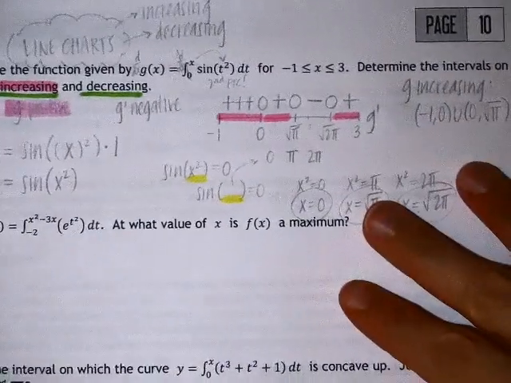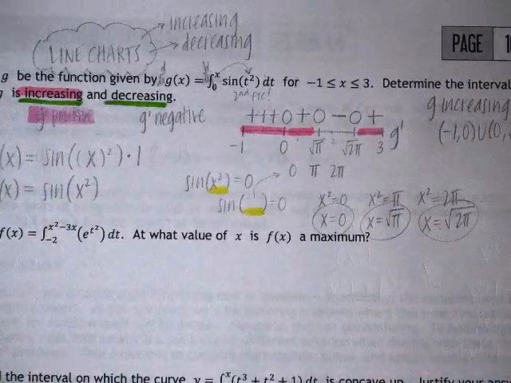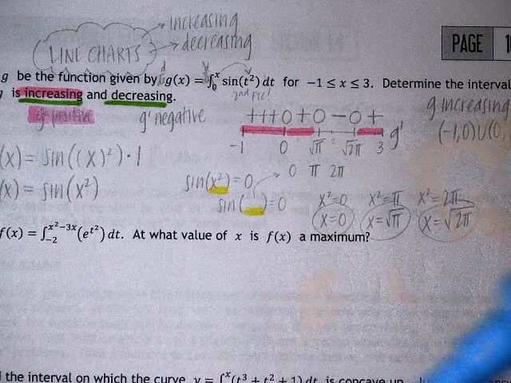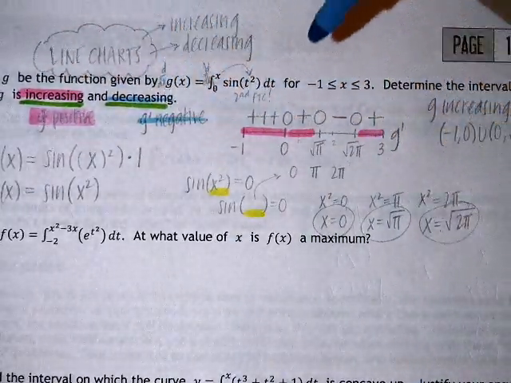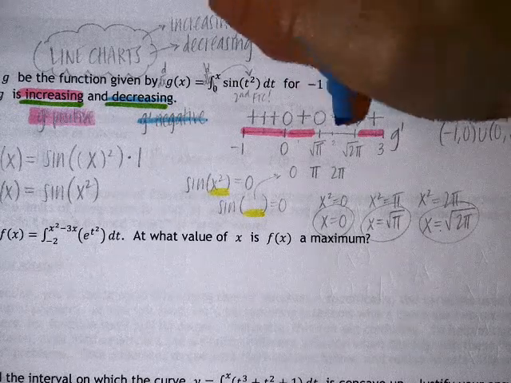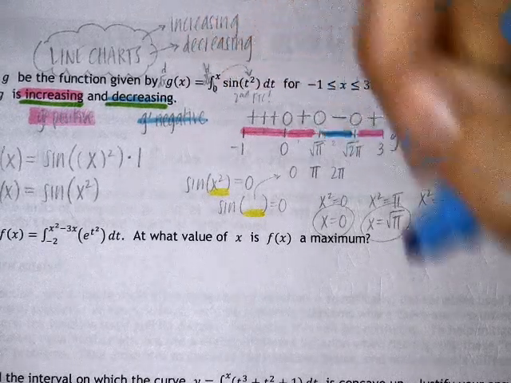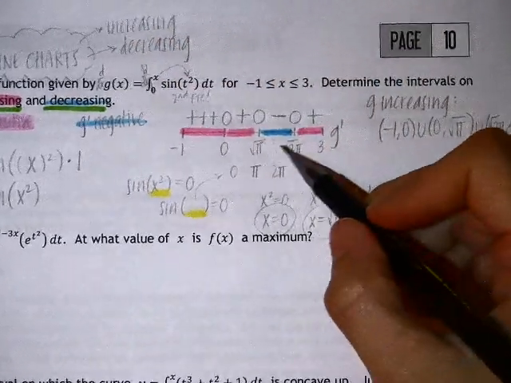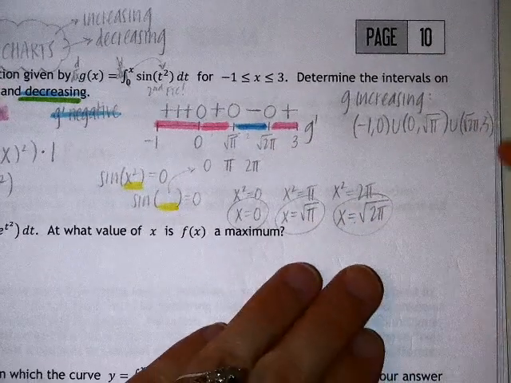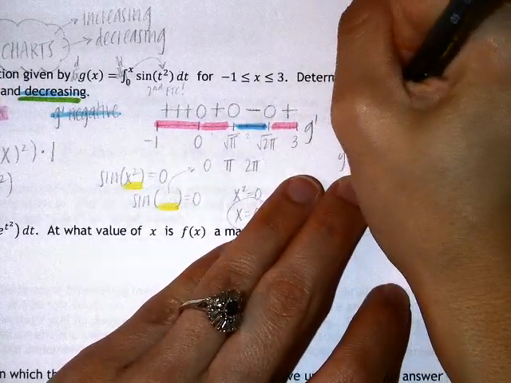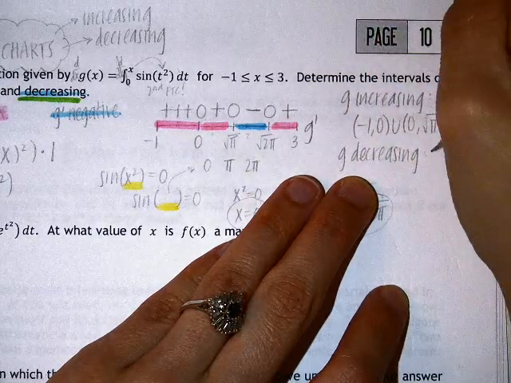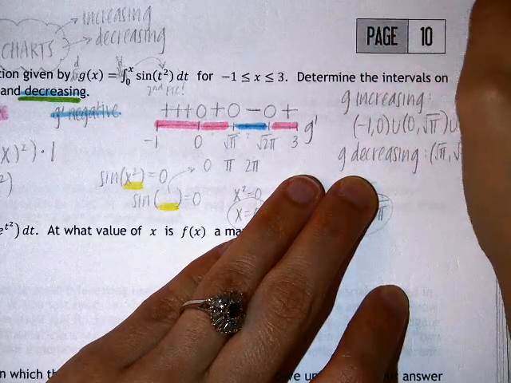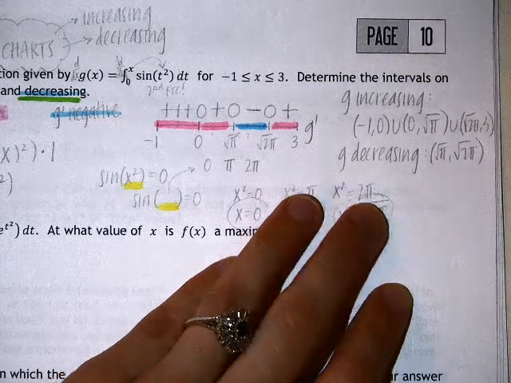By default then, that means g is decreasing wherever g prime is negative. So the only possible situation where that happened on my line chart is that section between root pi and root 2 pi. So that means g is decreasing in only that interval from root pi to root 2 pi.